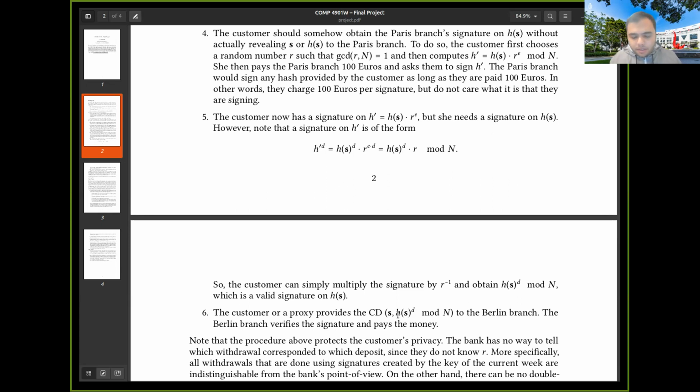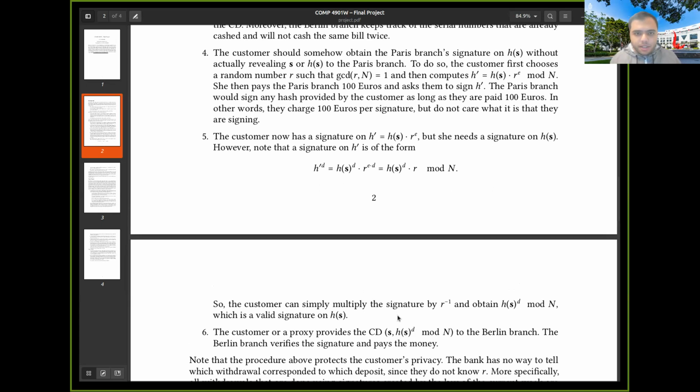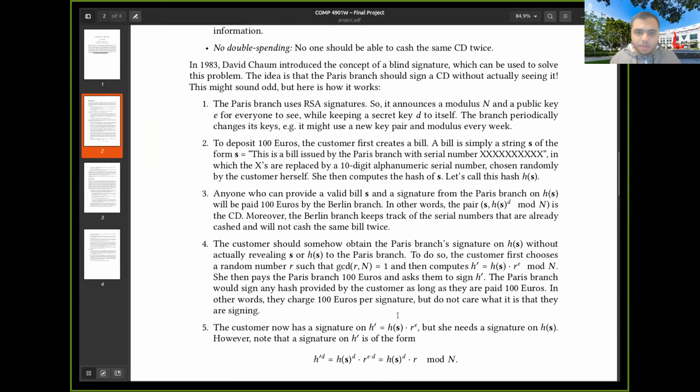So this is the really nice protocol that was actually designed much before Bitcoin. It was designed in 1983, which is amazing. And so as you see, this is kind of like a cryptocurrency. It's like a better version of Bitcoin in terms of the privacy that you have, because on Bitcoin or on Ethereum, when you transfer money, this transfer gets recorded on the blockchain, and then everyone in the world can see it.